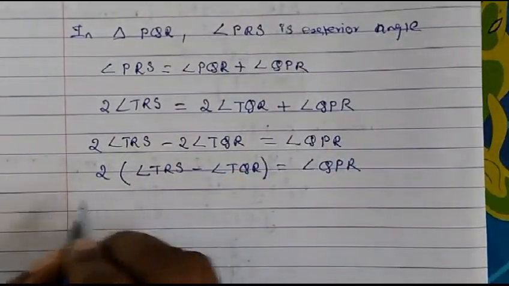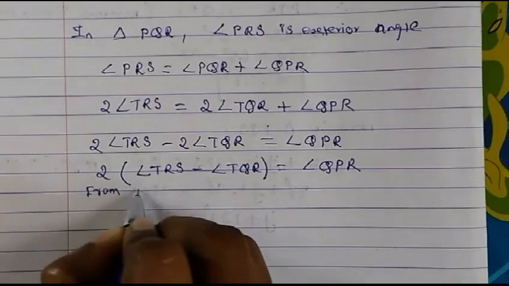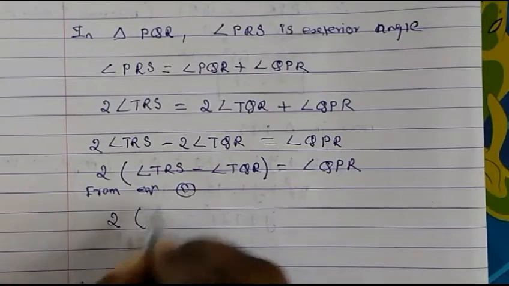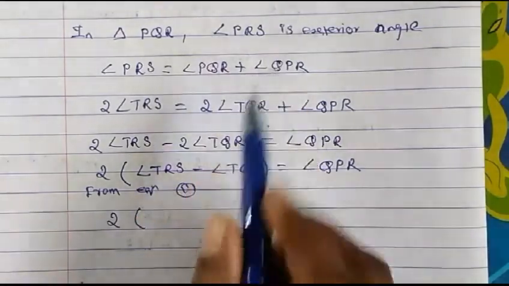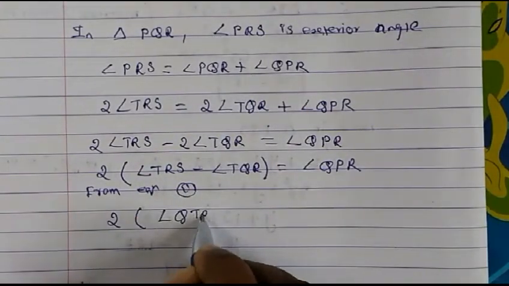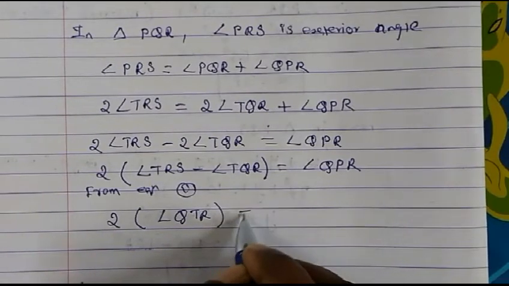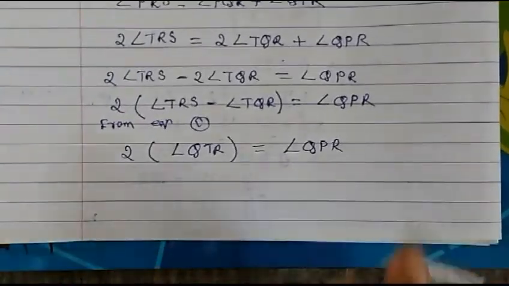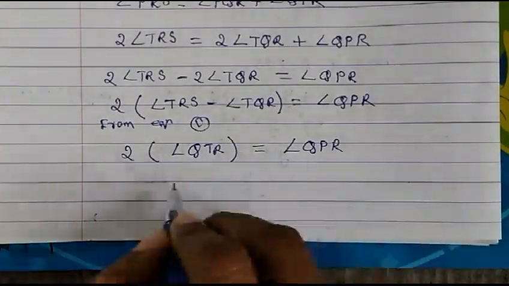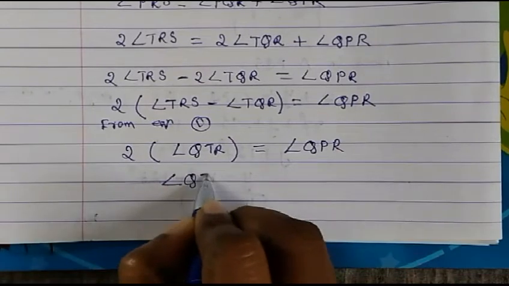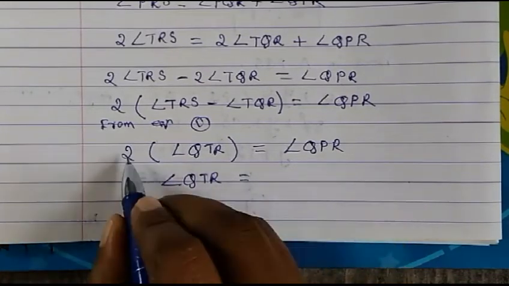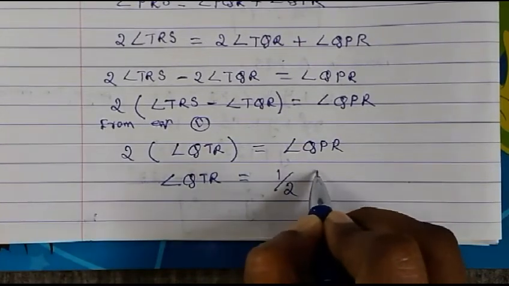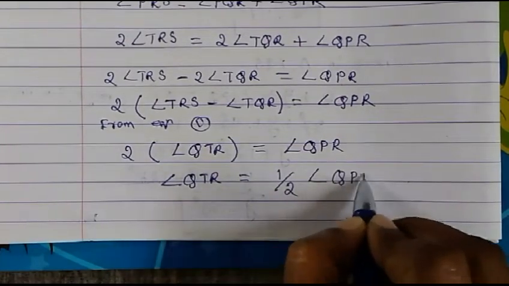From equation 1 you can say, this 2 we write as it is, but inside this, instead of this, we will write angle QTR, equal to angle QPR. So now this 2 brought to this side goes to division, so we can write angle QTR is equal to half angle QPR.